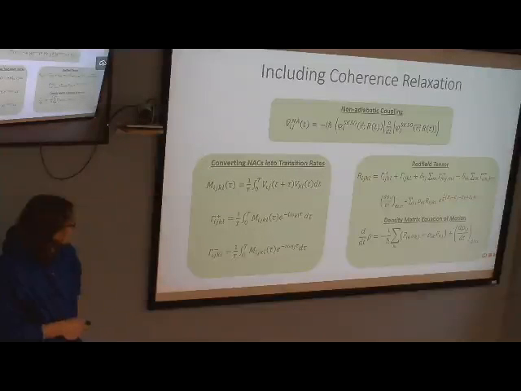This Redfield tensor controls the dissipation rates of the density matrix, and usually in our equations we leave this exponential term out, and this disappears if you go through the full derivation.